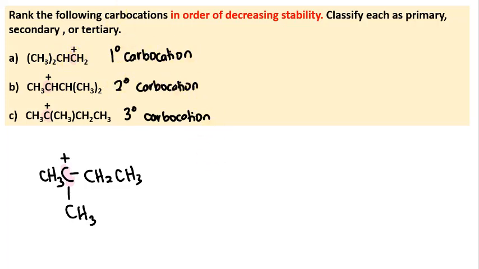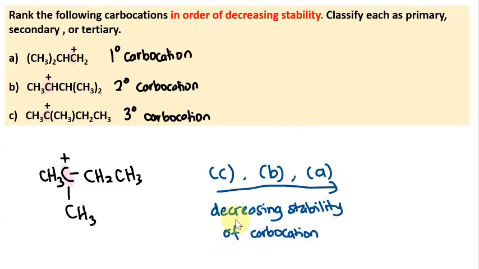To arrange in order of decreasing stability, since the number of alkyl groups is directly proportional to the stability of the carbocation, compound C is the most stable, followed by compound B, secondary, with two alkyl groups, and then the least stable is the primary. So if you arrange it this way, this is the decreasing stability of carbocations.